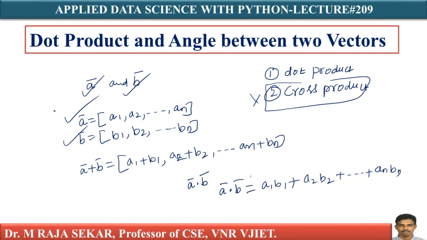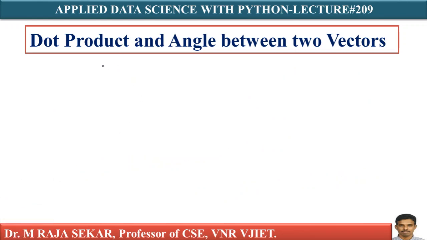Let me rewrite this notation again. My vector A is A1, A2, so on An. My vector B is B1, comma B2, so on Bn.